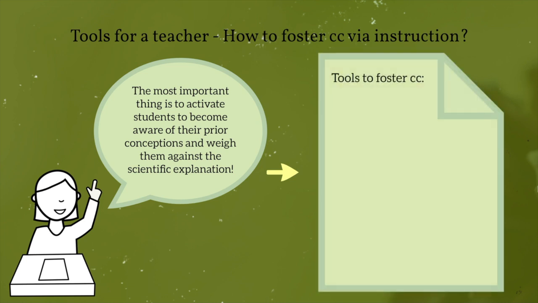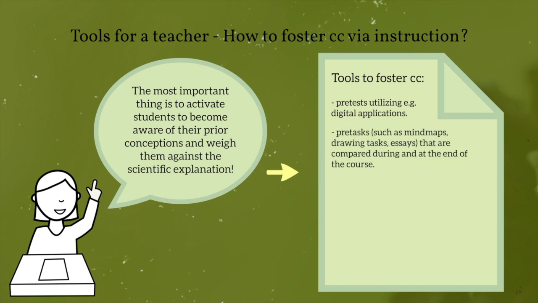This can be done, for example, by utilizing different kinds of pretests or pre-tasks. It is a good idea to activate students' metaconceptual awareness via discussions, which provide opportunities for them to become aware of their own conceptions and potential misconceptions, as well as other students' conceptions.